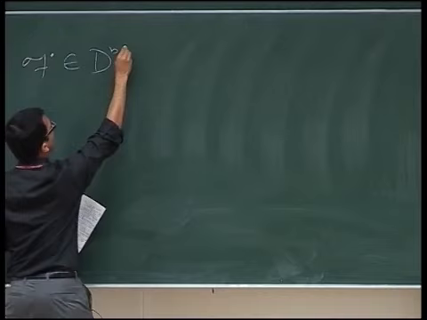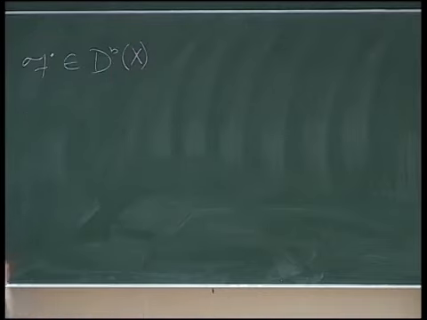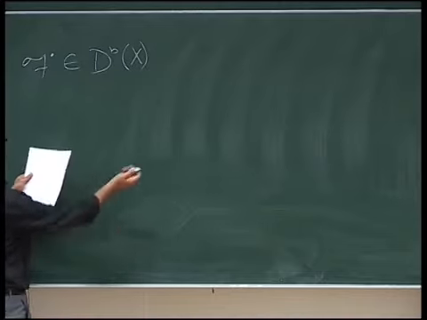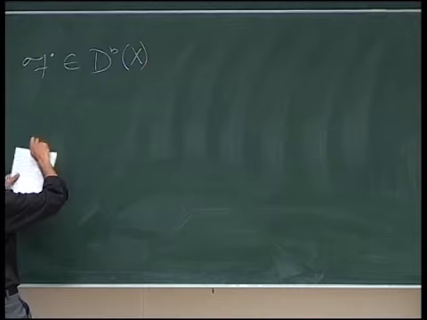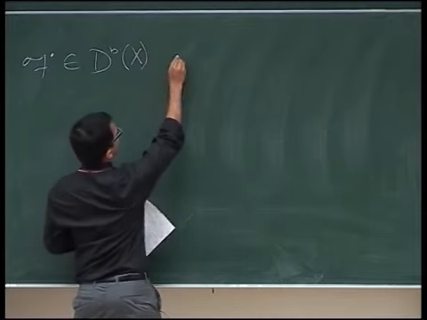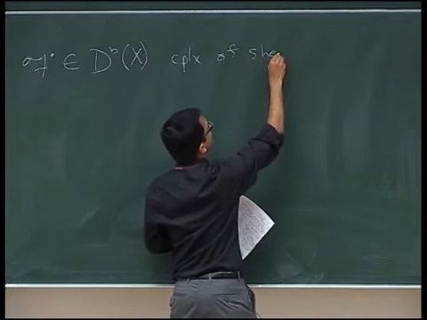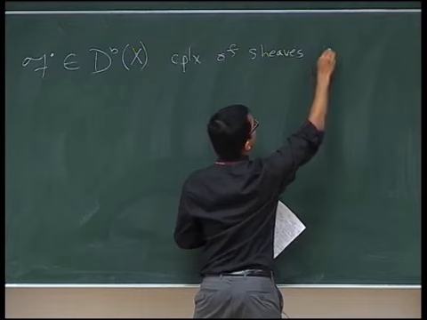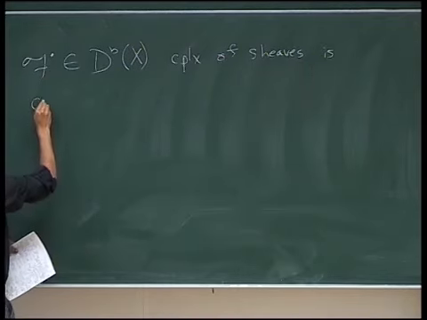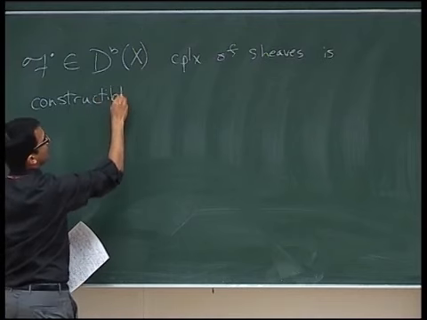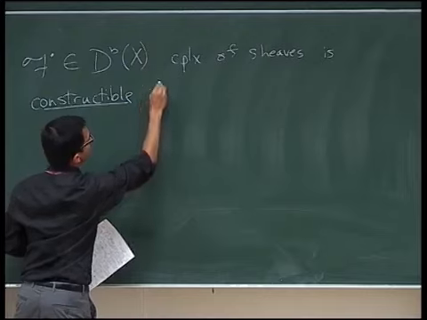So I'm going to call an object in the bounded derived category, of course, everyone knows this definition, but I want to write it down anyway. So this is a complex of sheaves, and it's said to be constructible if the following condition holds.